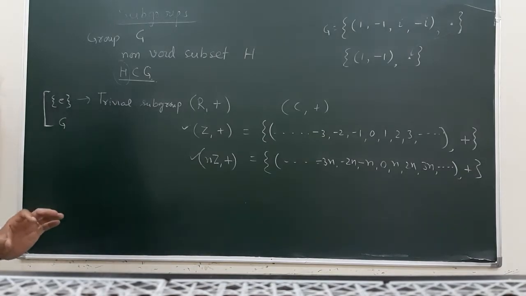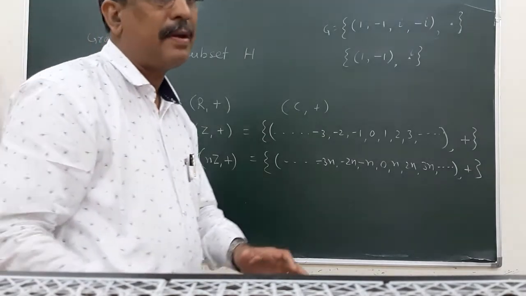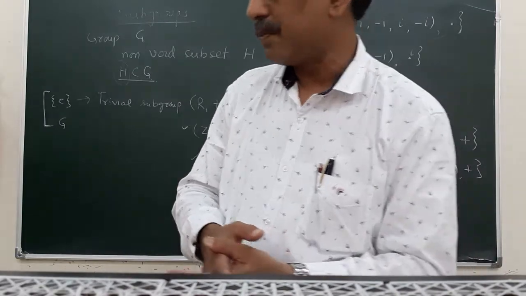These are the improper subgroups, and the remaining are proper subgroups.